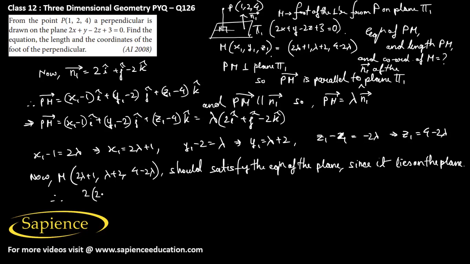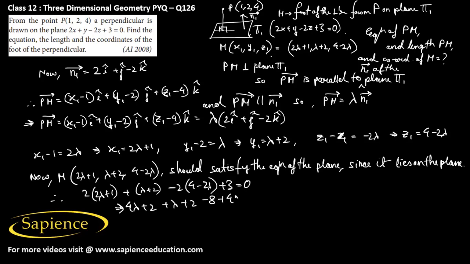So now if we put these into the equation of the plane, we get 2 into 2 lambda plus 1 plus y, which is lambda plus 2, minus 2z, which is 4 minus 2 lambda, plus 3, equal to 0. Then if we solve it, we get 4 lambda plus 2 plus lambda plus 2 minus 8 plus 4 lambda plus 3 equal to 0.